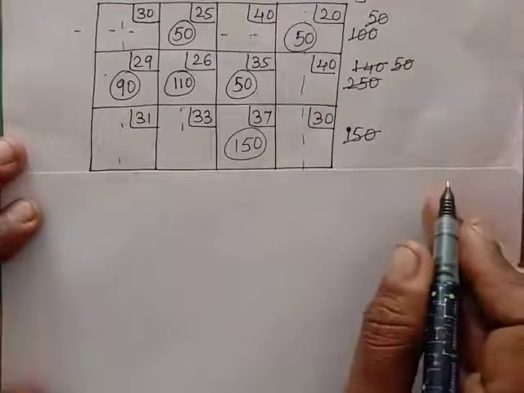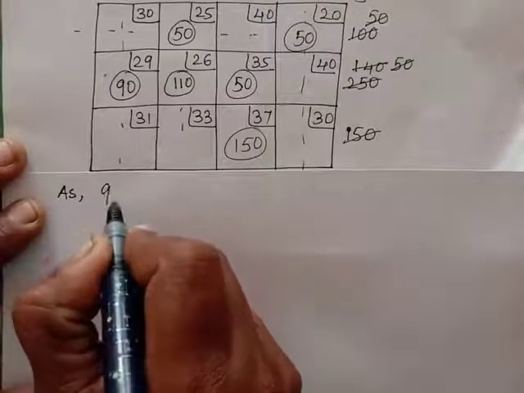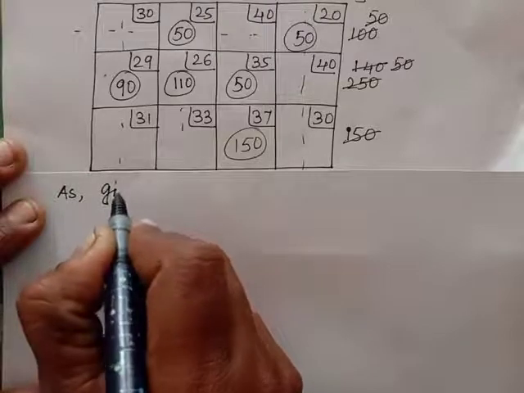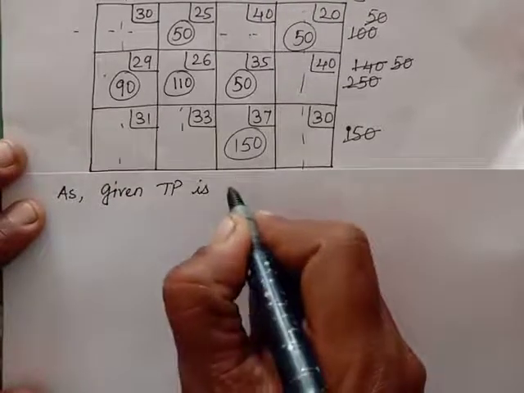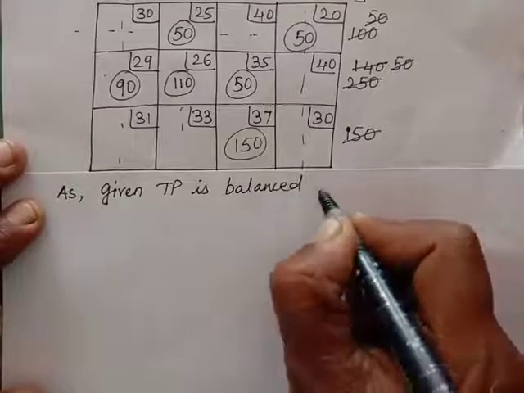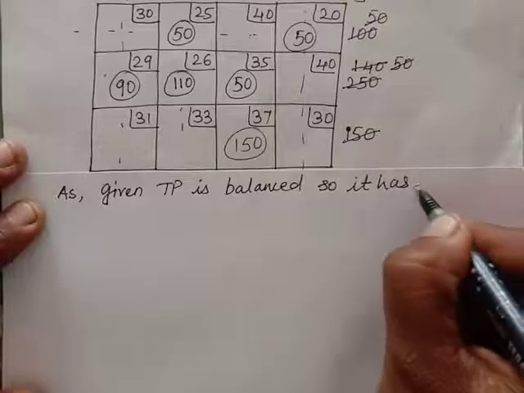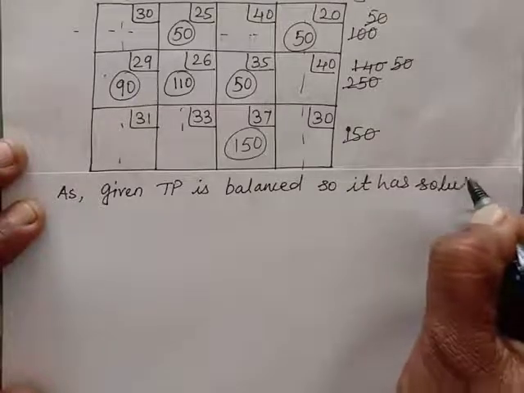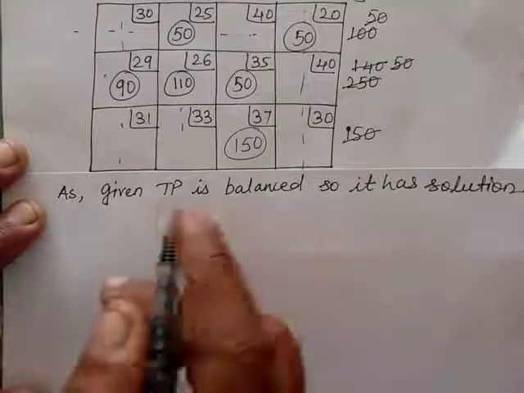Now, what I say is, given TP is balanced, so it has a solution. That thing you should write before also. Okay, it has a solution.